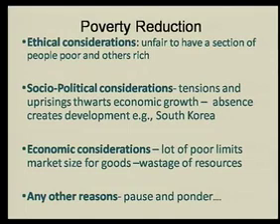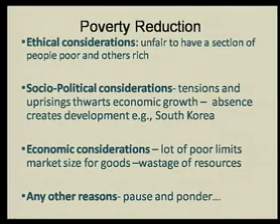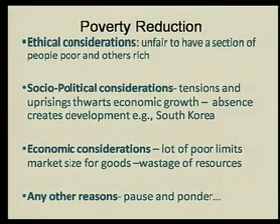The third one is a narrow economic reason. If a lot of people are poor in a country, say, as we said earlier, every second person or every third person is poor, that would mean the country does not have a sizable market, because those poor people cannot afford to buy most of what is produced by the business community.